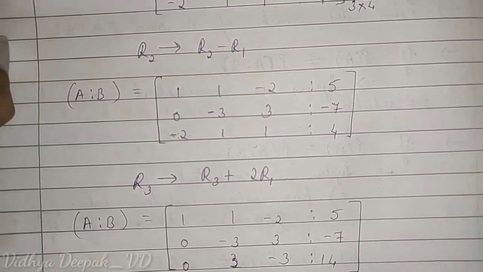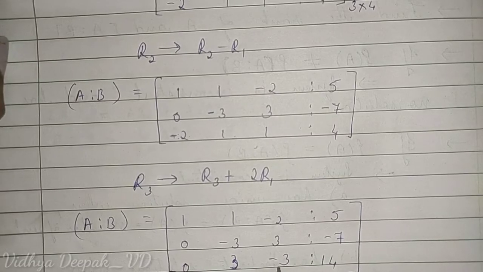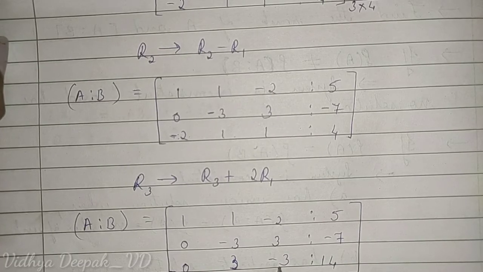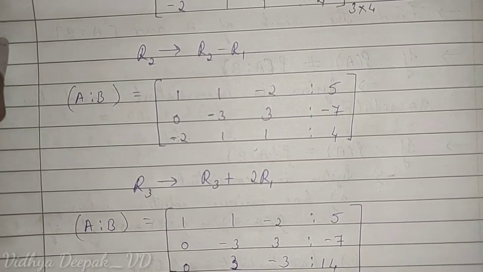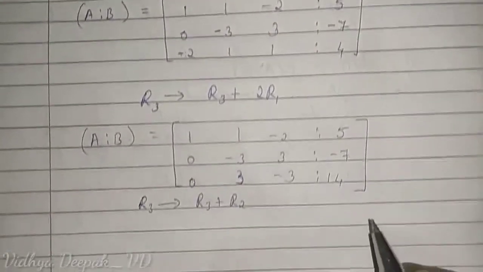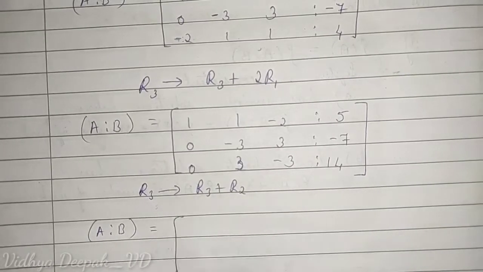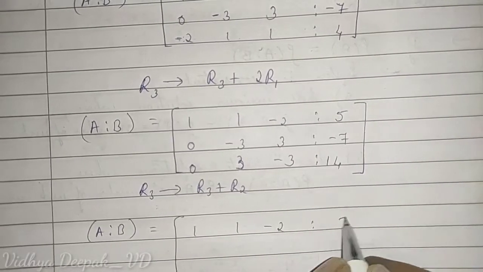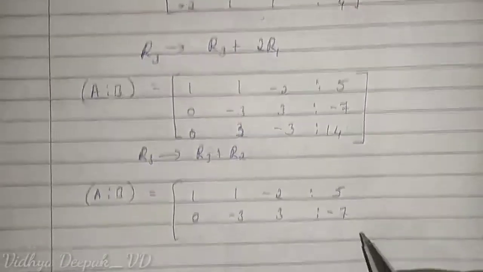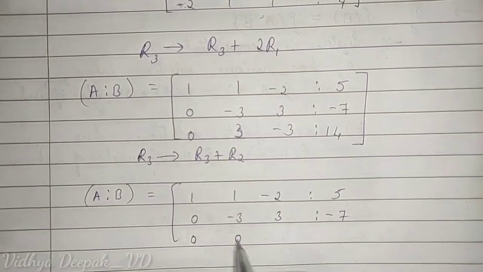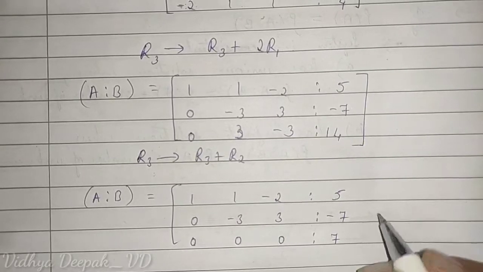Again in order to make these two numbers 0, what can we do? Yes, R3 changes to R3 plus R2. Now we can write this augmented matrix in this way: 1, 1, minus 2, 0, minus 3, 3, minus 7, and 0, 0, 0, and we get 7.